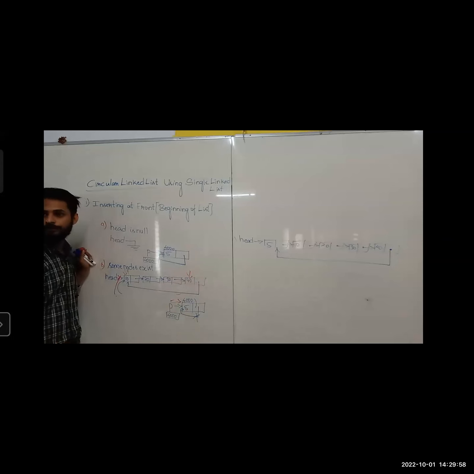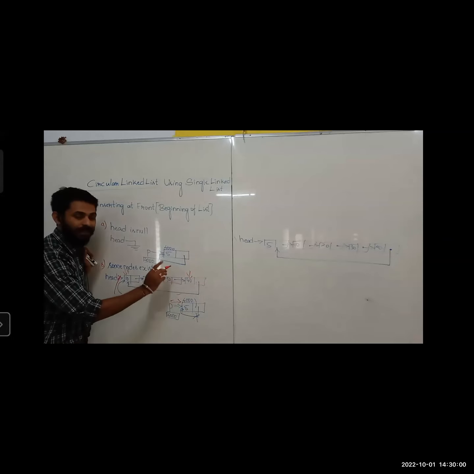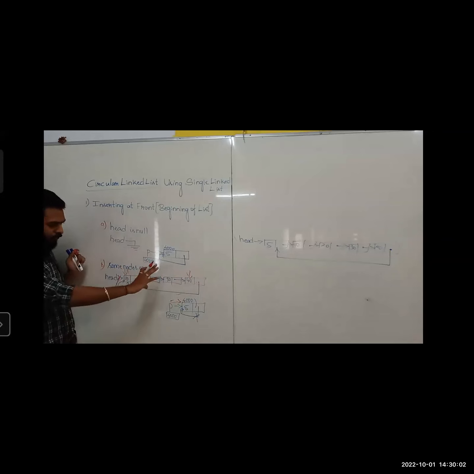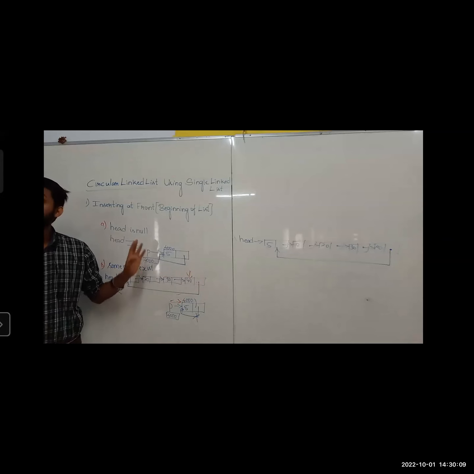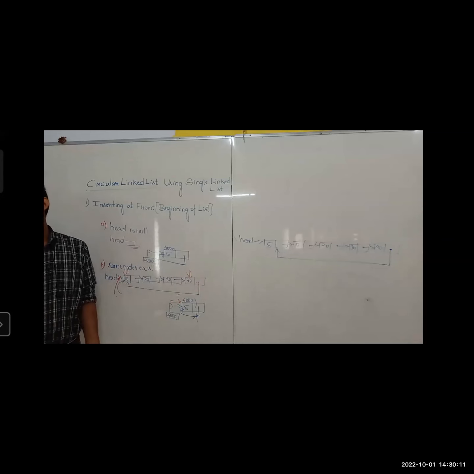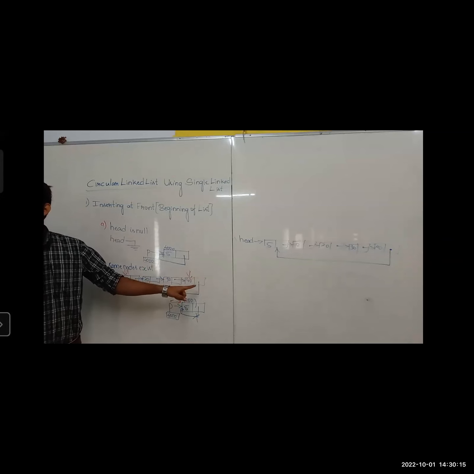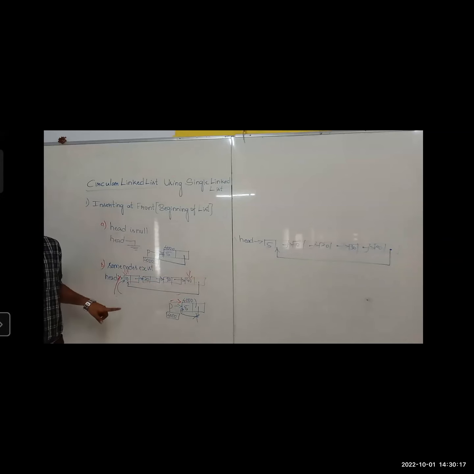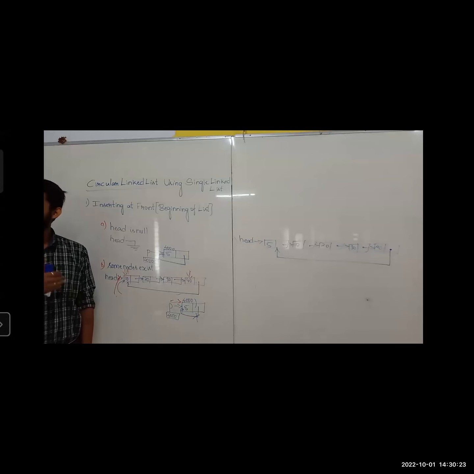How can I stop it? Simple thing. When I should stop, normally by looking at the diagram, you think when I should stop temp. How to keep moving it, all of you know. How to stop it, you think. Whenever temp's R link is pointing to the same place where head is pointing, stop it. If it is not pointing to head, keep moving. Understood?